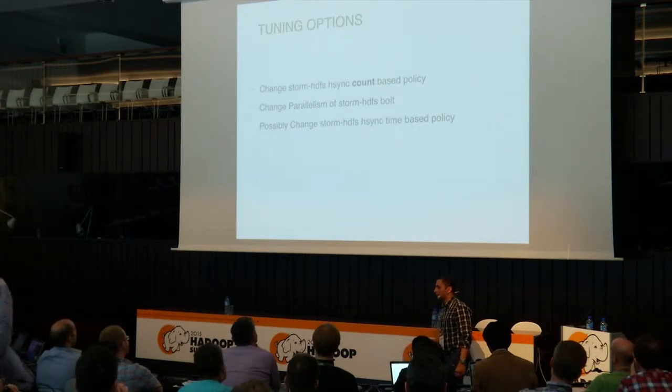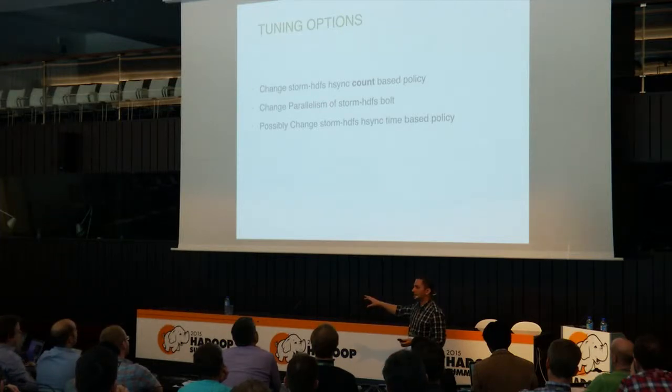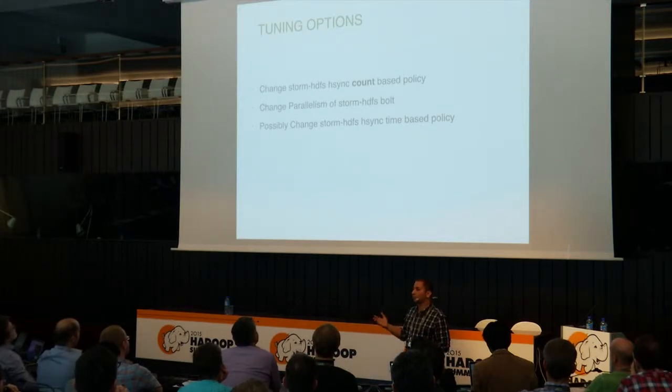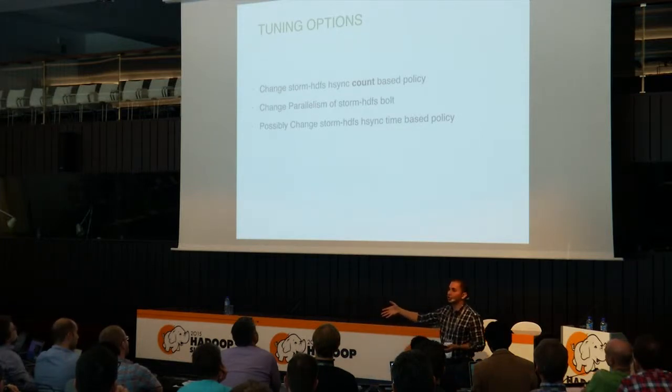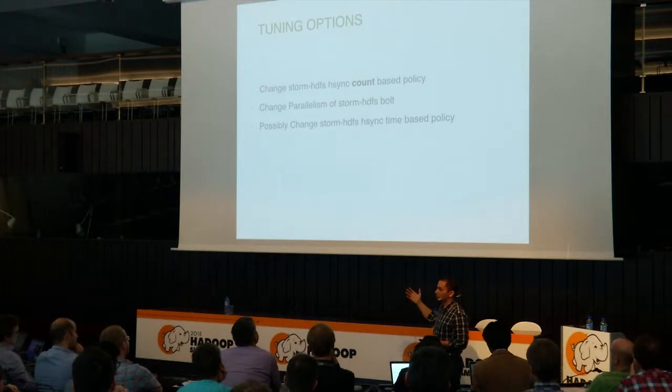Some of the tuning options are changing the hsync count, which is the number of counts it takes to flush the data into HDFS. The other thing you can do is change the parallelism of the bolt itself. The Storm HDFS bolt, which is writing the data to HDFS, can run on multiple worker nodes, or in parallel, so that you can get higher throughput.